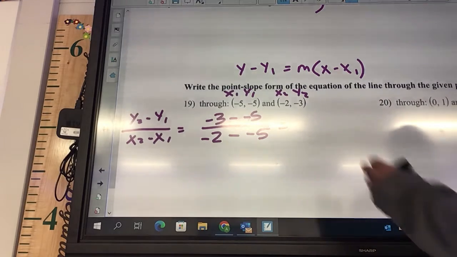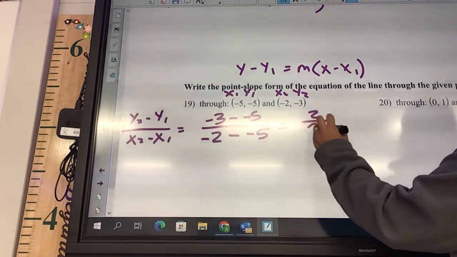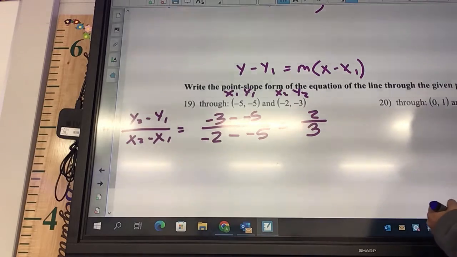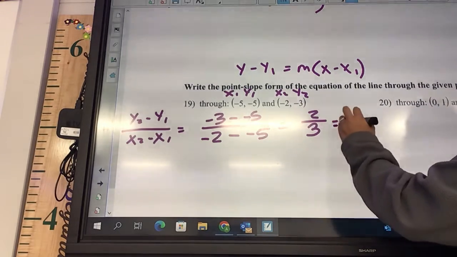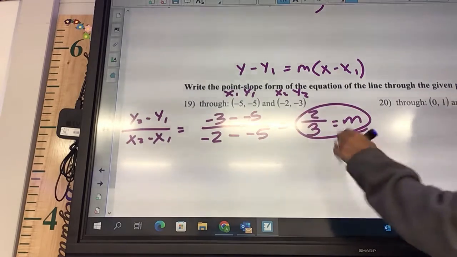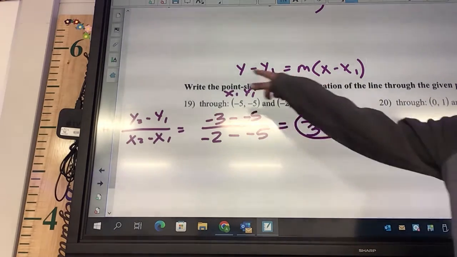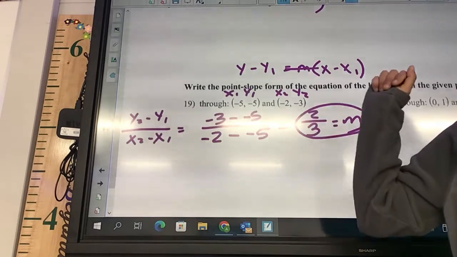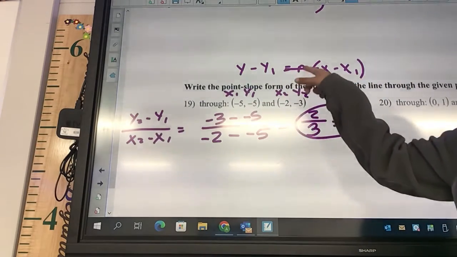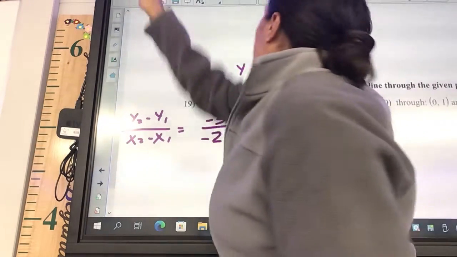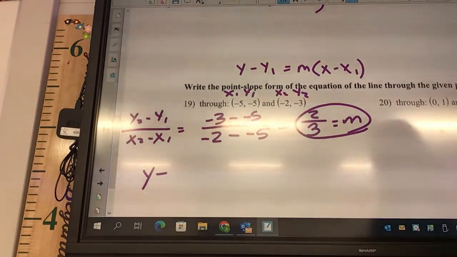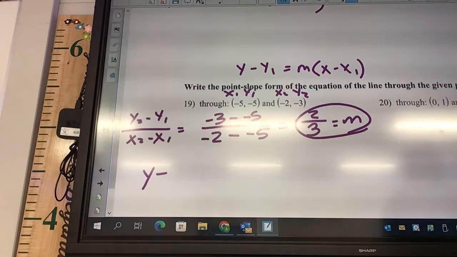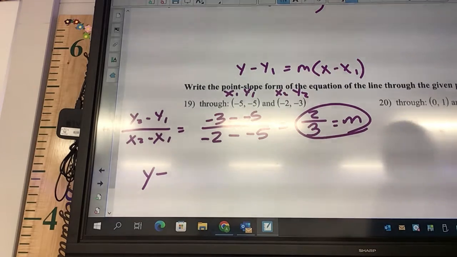Okay, what is 2 over 3? What did we just find? The slope, or what letter? The m. Okay, now, we got 2 over 3. Do I have enough stuff to use this plug-in now? Yeah, I got an x1, I got a y1, and I got an m. Okay, so now I can say y minus, what number did I use for y1? -5.